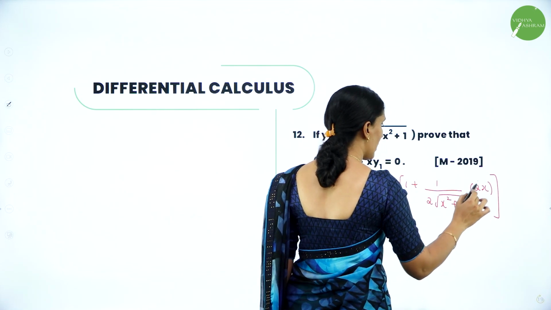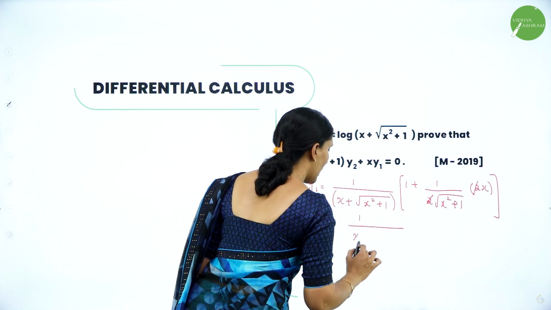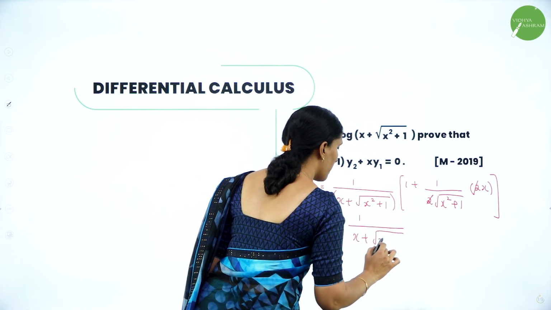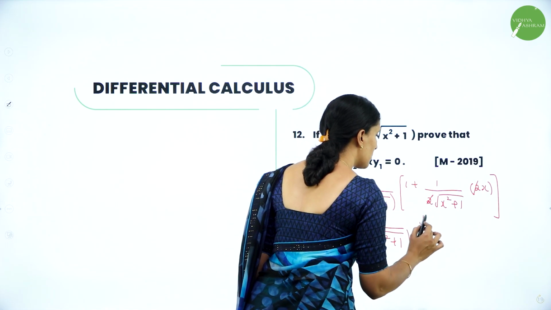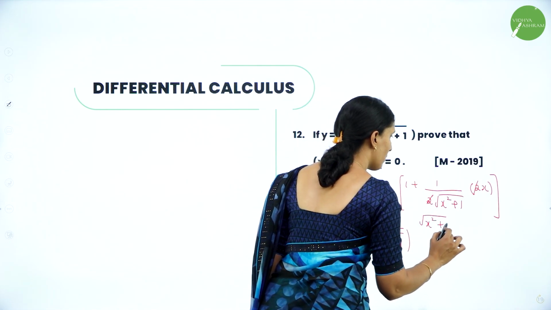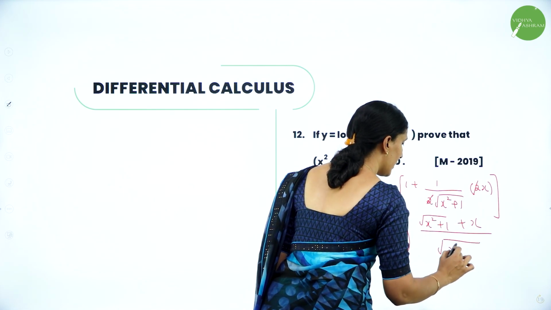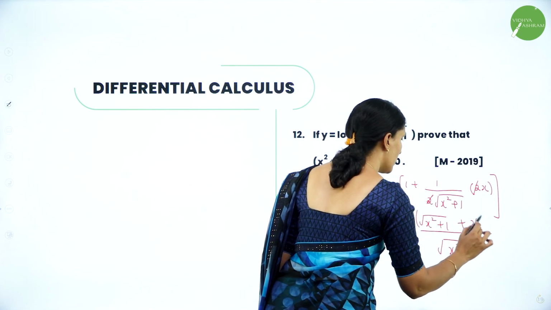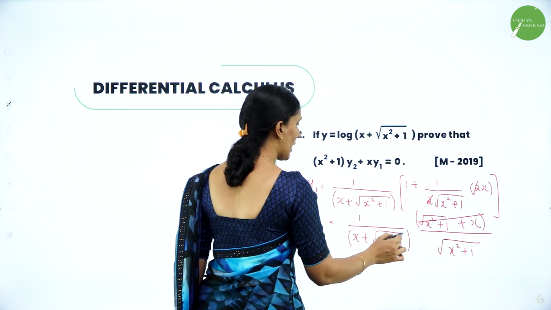So I can cancel 2 here. So we have 1 divided by x plus root of x square plus 1. Here it becomes (root of x square plus 1 plus x) whole divided by root of x square plus 1. So we can see the same term in numerator and denominator, which will get cancelled.